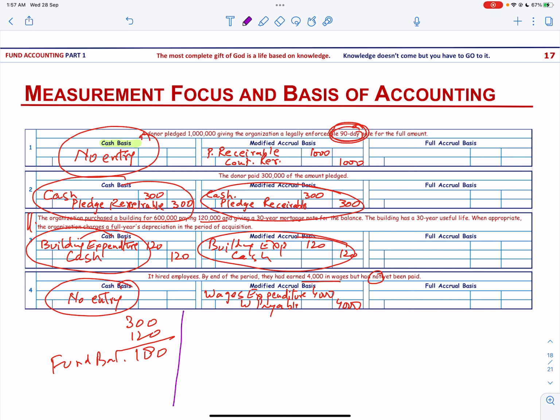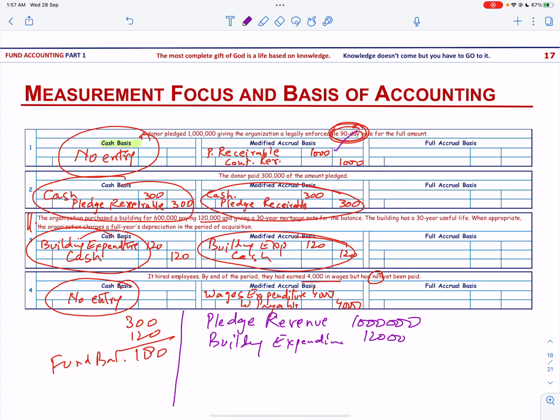So we have a pledge revenue of 1 million. Then there was a building expenditure of 120,000.